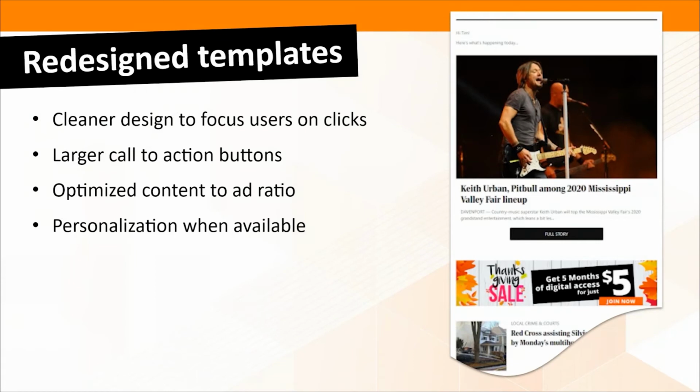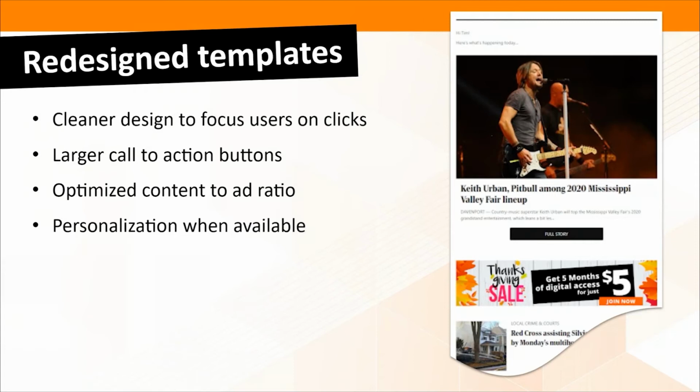So what are we actually implementing for our customers as part of this program? We've worked with one of our largest customers and one of the largest email service providers in the country to come up with an enhanced layout for email newsletters, something that's very clean, that clearly communicates what we want the user to engage with, has larger call to action buttons, something that's optimized for the current email environment where we have to consider dark mode and light mode and all the other ways that email might show up in a user's inbox, and something that feels personal and targeted to that consumer.